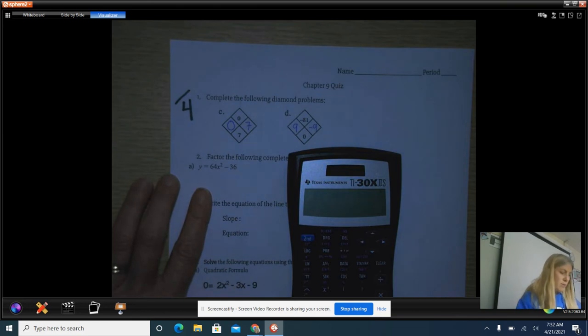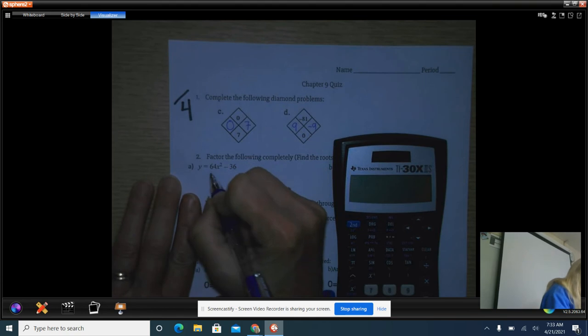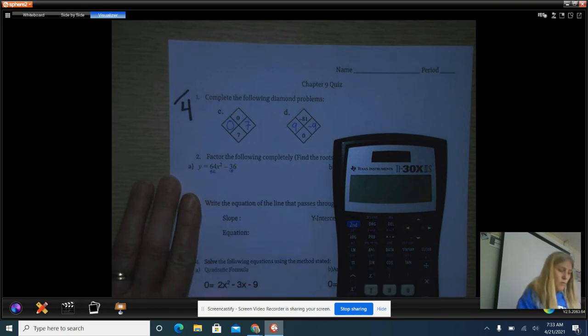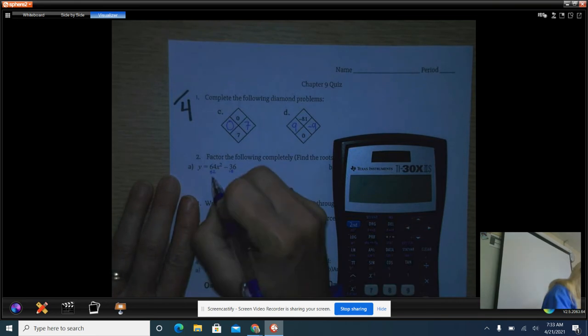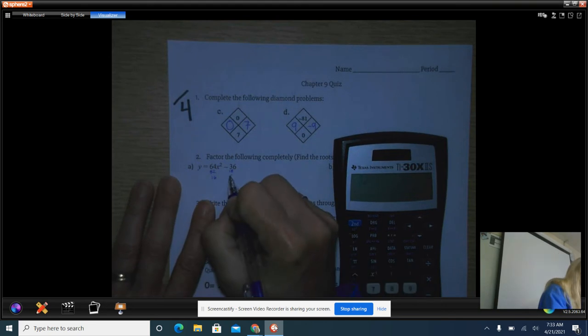I see they're both divisible by 2, so I can take 2 out. When I take 2 out, I have 32 and 18. I can take 2 more out of both of those, and I would get 16 and 9.